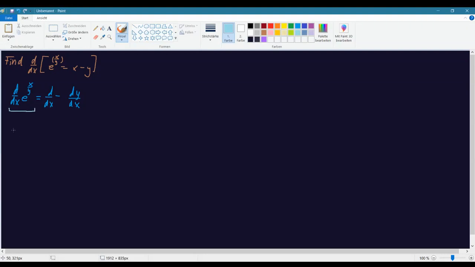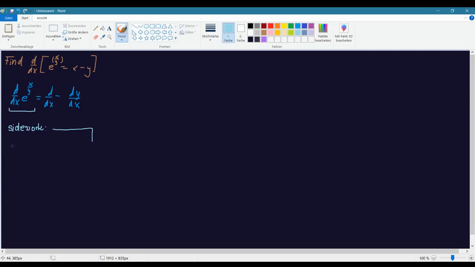Let's do some side work here. Let's just take this corner just for the derivative of e to the x over y, because this is a composite function. The outside function is e to the x, and the inside function is x over y.